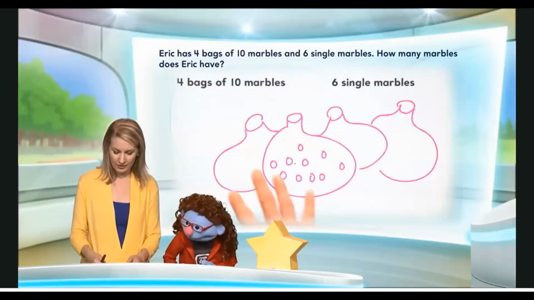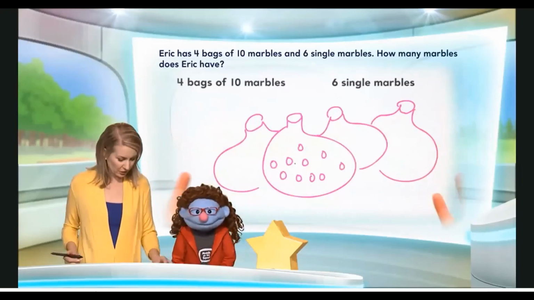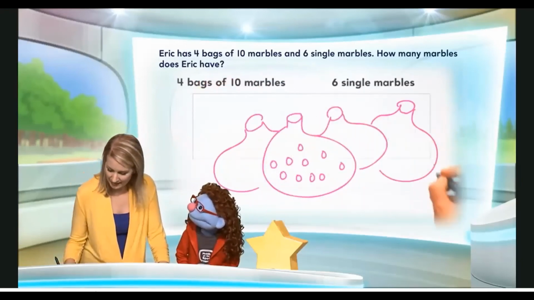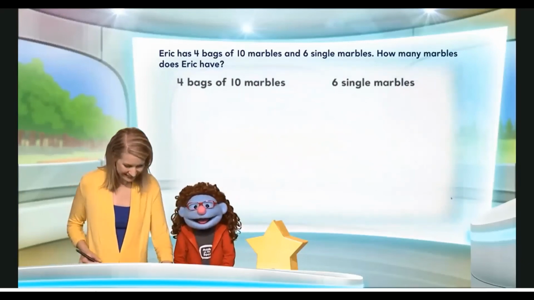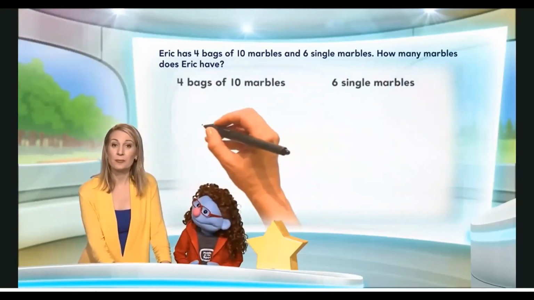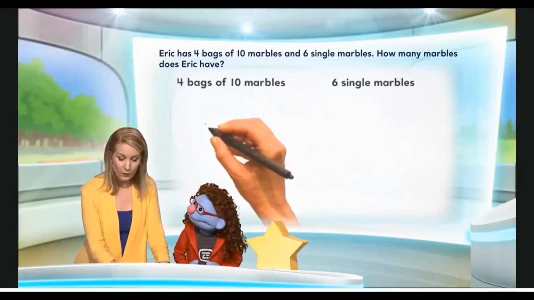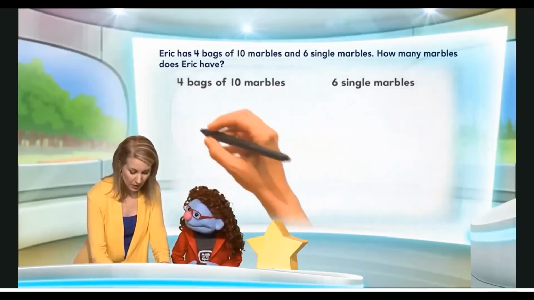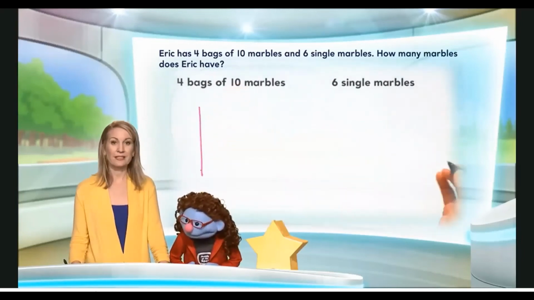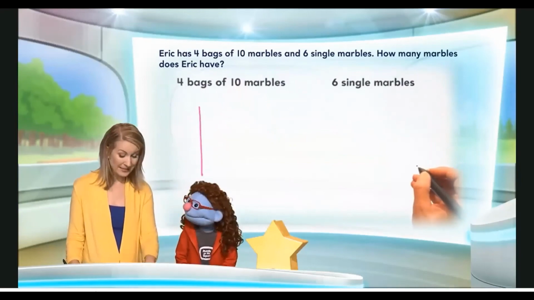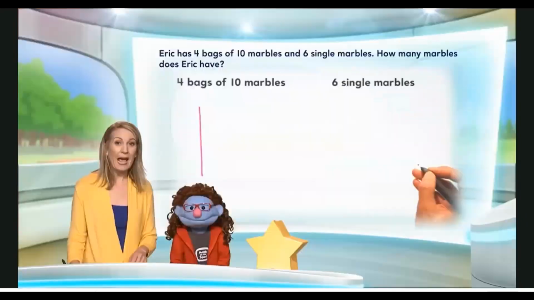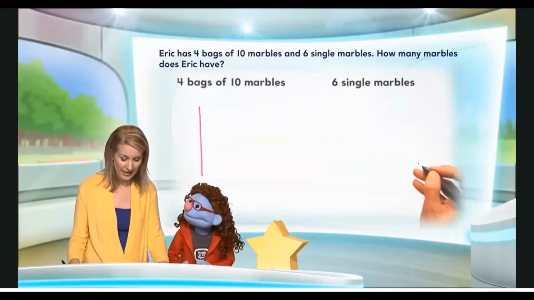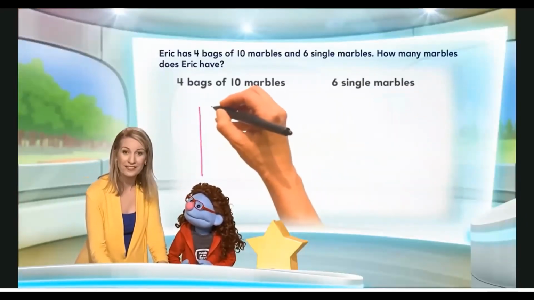So rather than having to draw this big picture here, we could instead use a quick picture to express this in terms of tens. So 4 bags of 10 marbles, well, one bag can just be represented by one line because this one line means 10. That's right. Right? Yet there are 4 bags of 10, so we'll draw 4 of these lines.